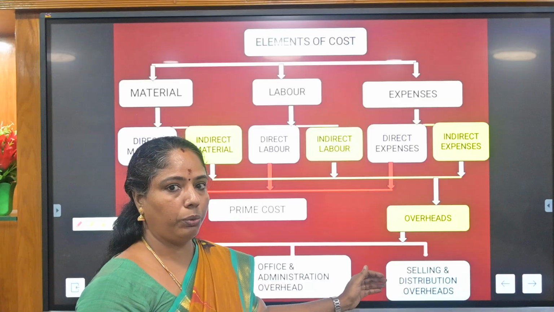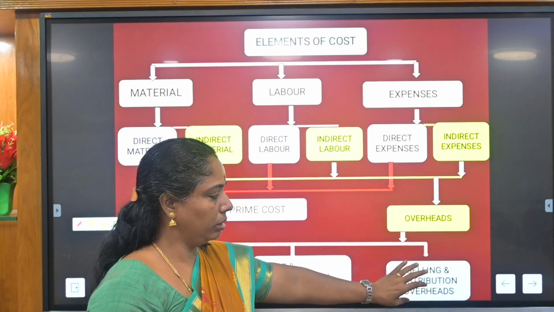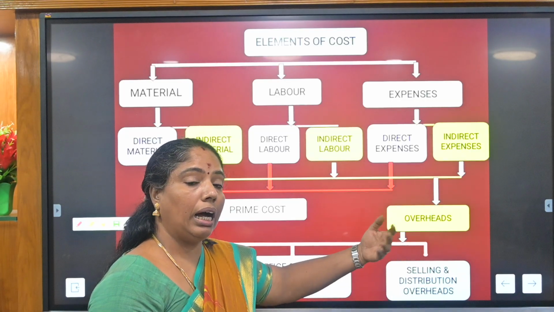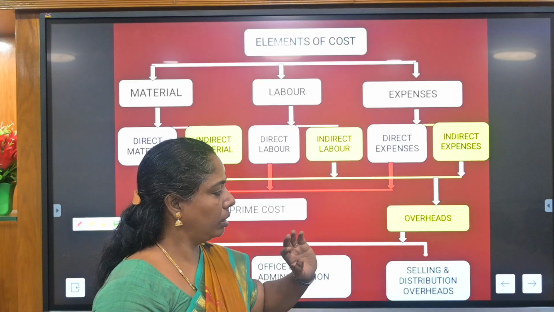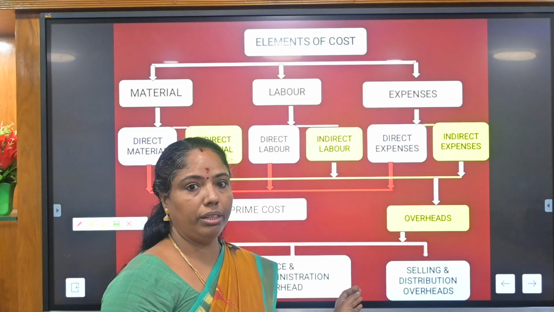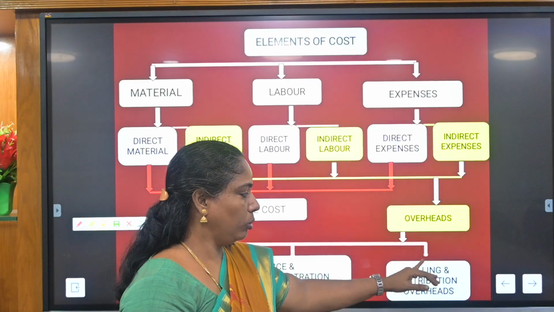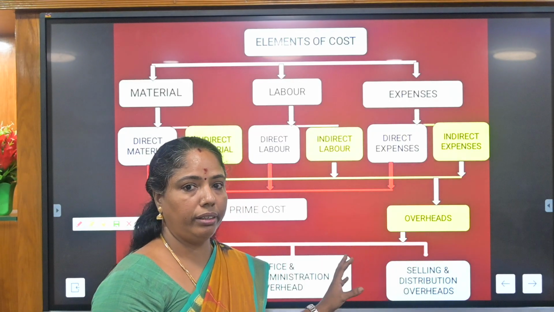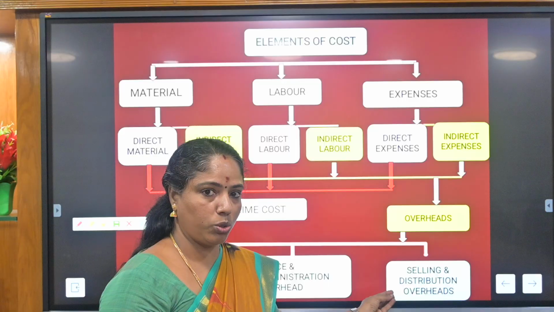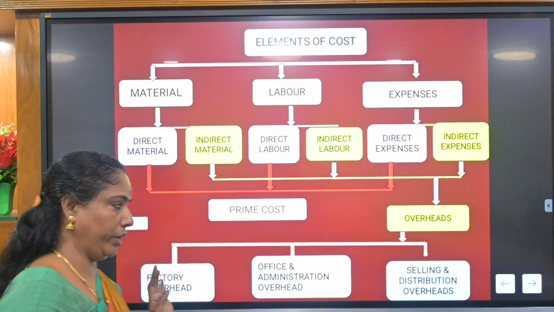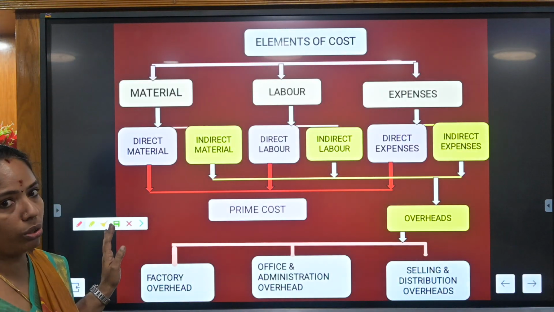For selling the product, we have to distribute the products to customers. So the expenses related to selling and distribution come under selling and distribution overheads. This is what elements of cost are about.